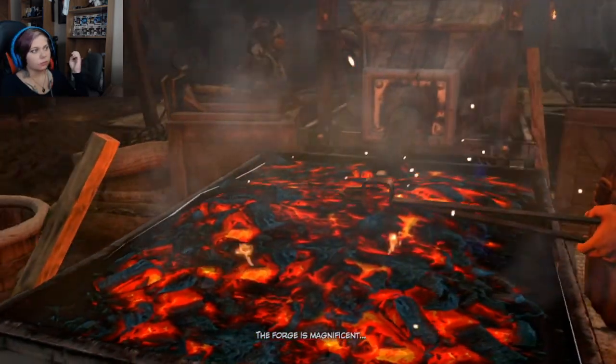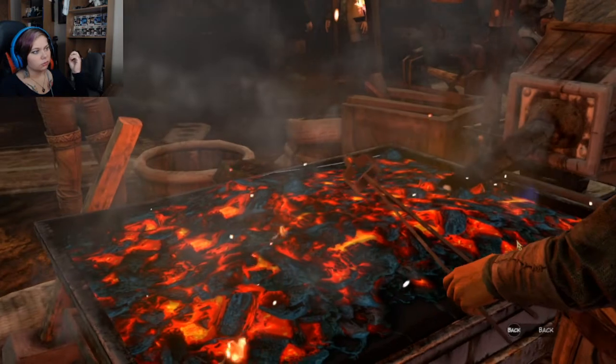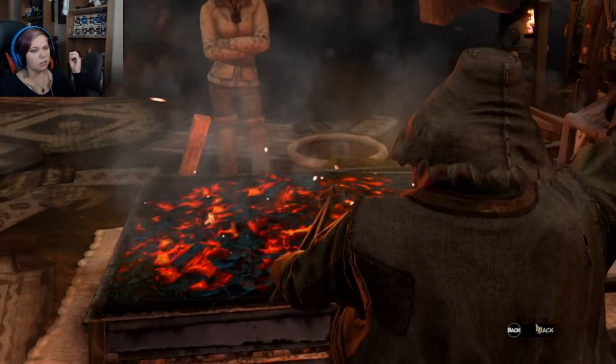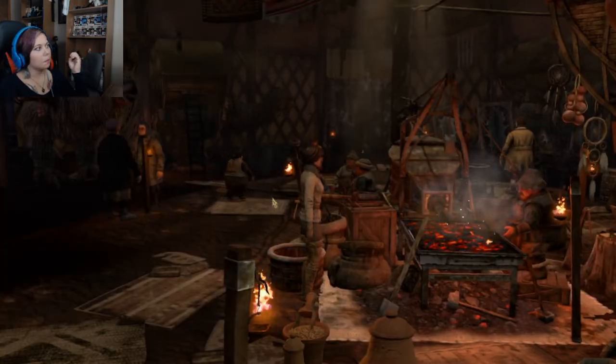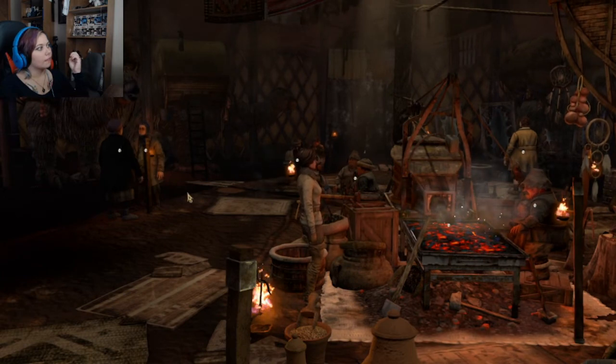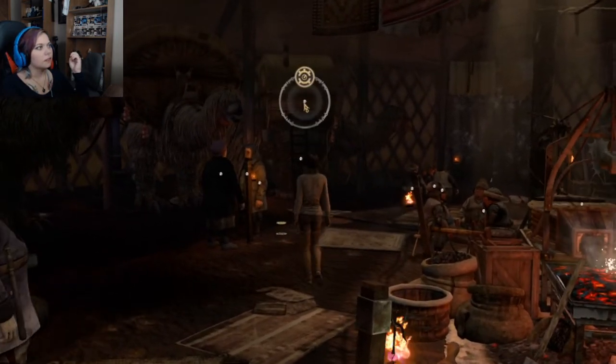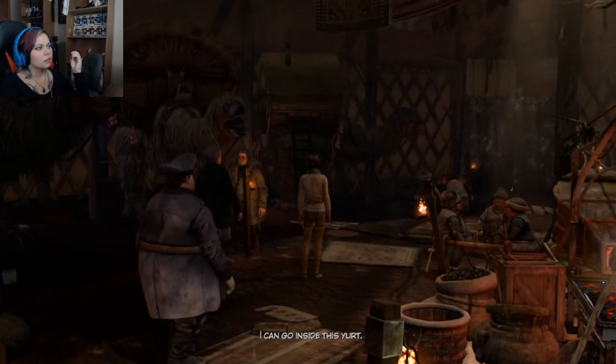This forge is magnificent. Is it though? I can go inside this yurt.